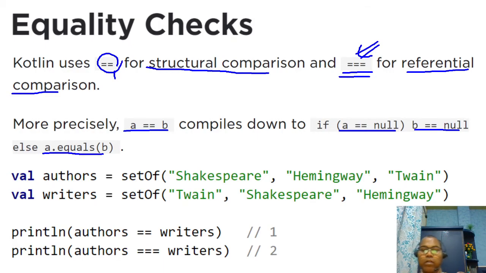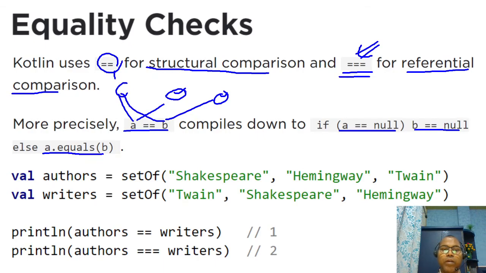So in Kotlin, the double equal does not only check whether two references point to the same object, it also checks that they are equal. In Java, if a is a different object and b is a different object, it always returns false even if the content is the same. But here it also checks whether these two refer to the same object; if so, it returns true in this case, or else it checks equals as well.